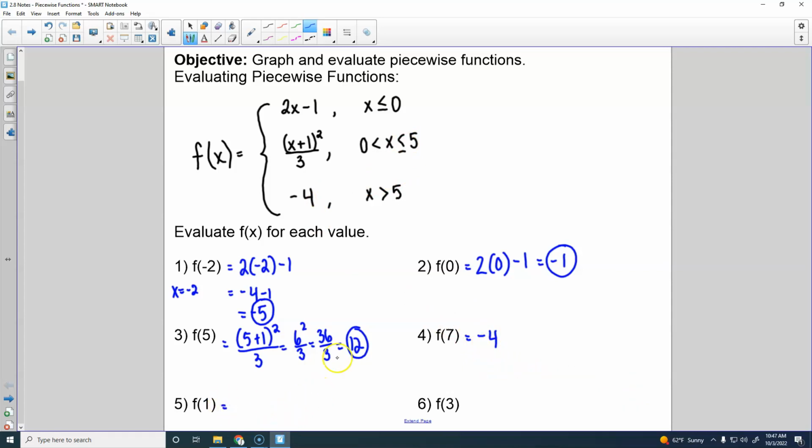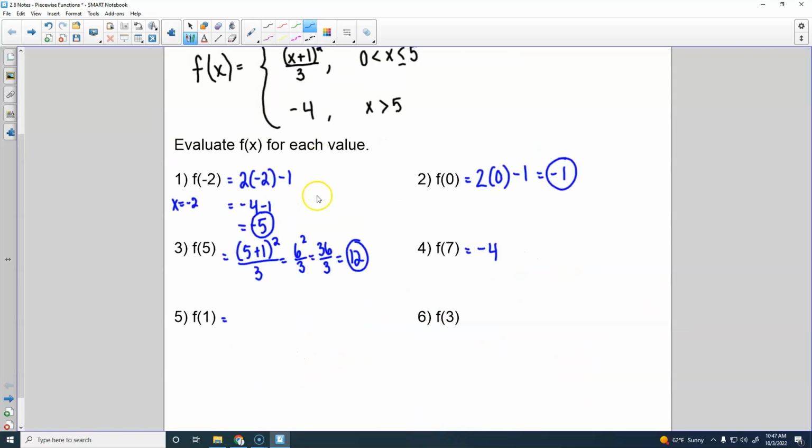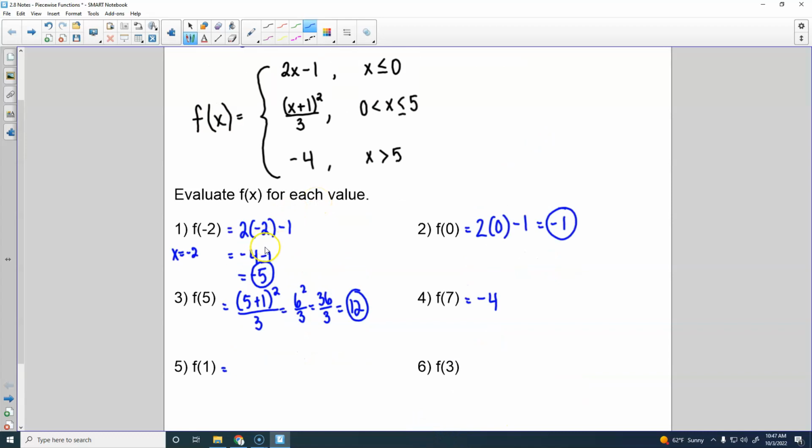Bailey, which one would I pick for F of 1? Top, middle, or bottom? For F of 1, middle. Okay? So we'll have 1 plus 1 squared over 3, which gives us 2 squared over 3, which will be 4 thirds.